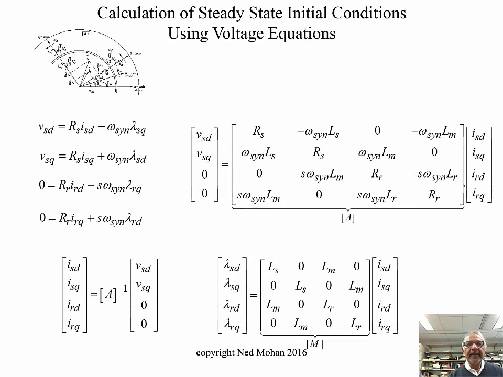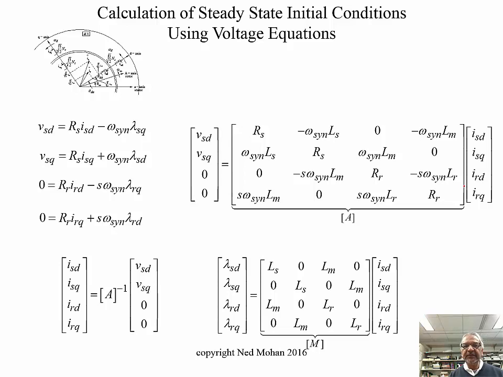So now, let's say we are given that a machine is operating in steady state, and suddenly a torque disturbance, a load disturbance, occurs at a certain instant of time.